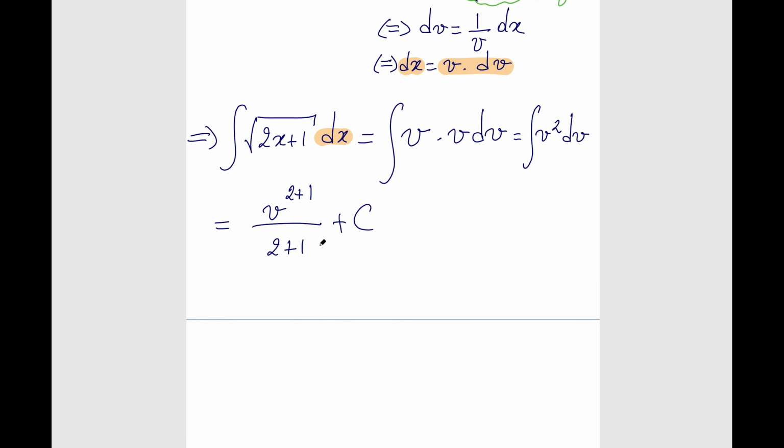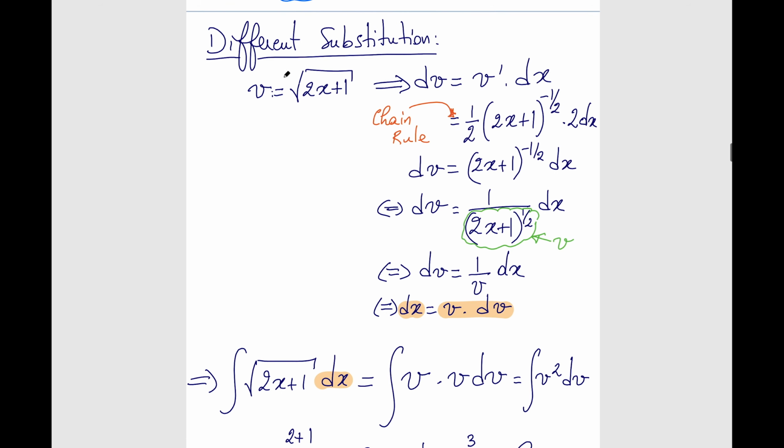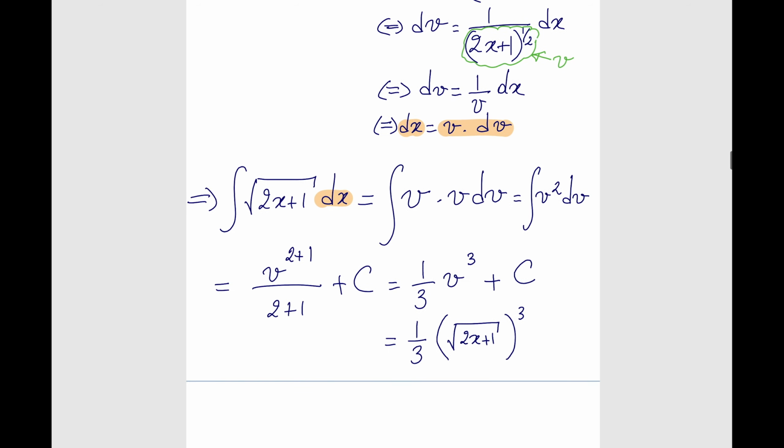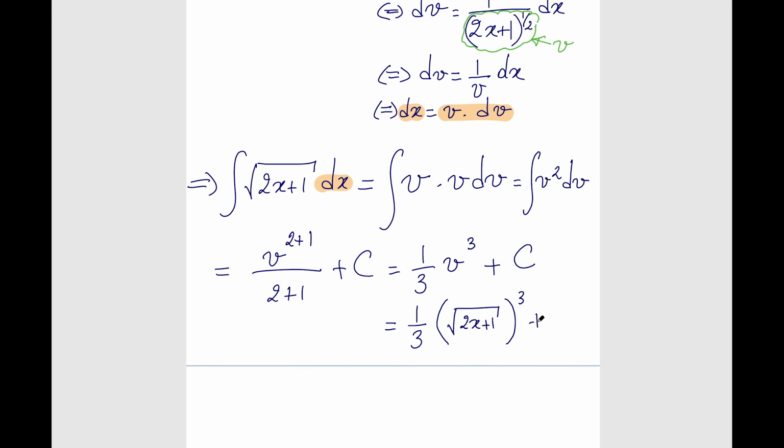And what's v for us? It's the square root of 2x plus 1, cubed, plus a constant. Make sense?